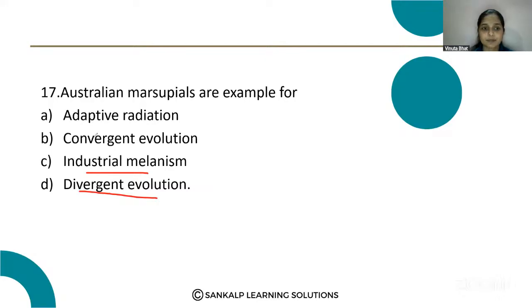Industrial melanism means that in 1850, due to industrialization, the numbers of two types of moths reversed. Before industrialization, white-winged moths were more numerous because of the white background from lichens, where there was less pollution.